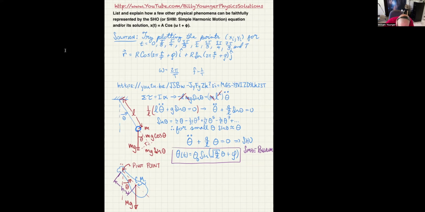And just like we did before, we'll make a component of the weight that is parallel to the string, and then we'll make another component of the weight that's perpendicular to the string. This one will be mg sine theta. Of course, it's in the negative direction, just like we had before, so it's still a restorative force. And this one will be mg cosine theta.